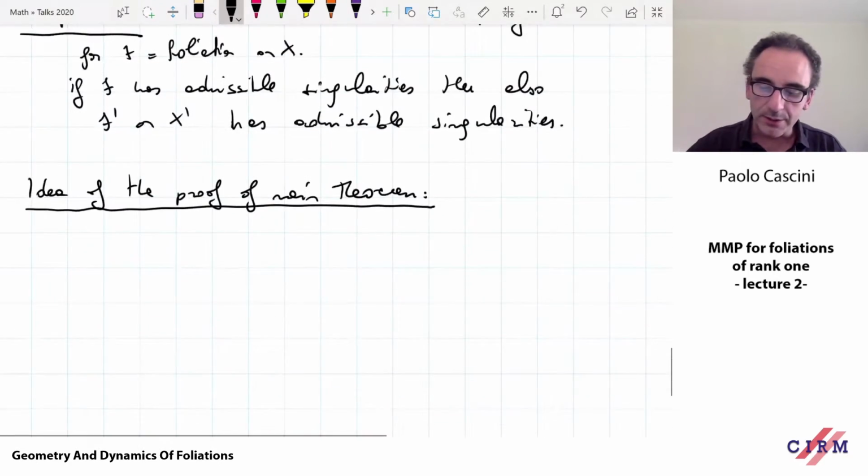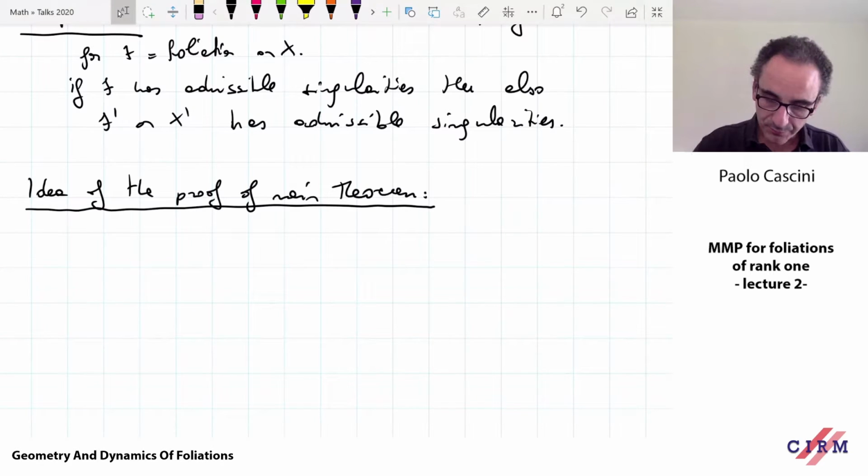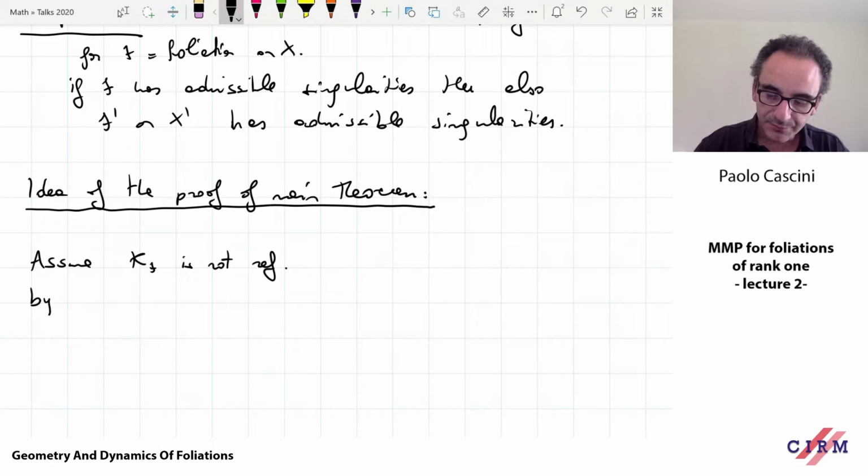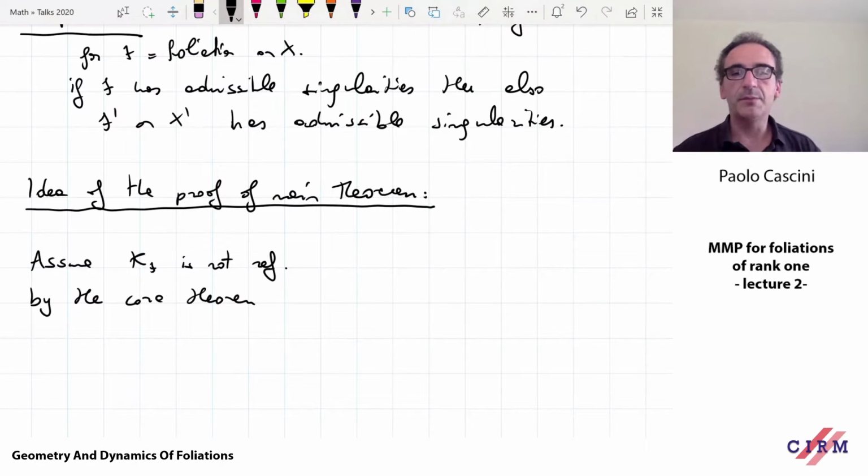So by the cone theorem, we can assume that, of course, K_F is not nef. Otherwise, there is nothing to do. And by the cone theorem, we know that there exists a curve which is extremal with respect to the cone of curves and which is negative with respect to K_F.